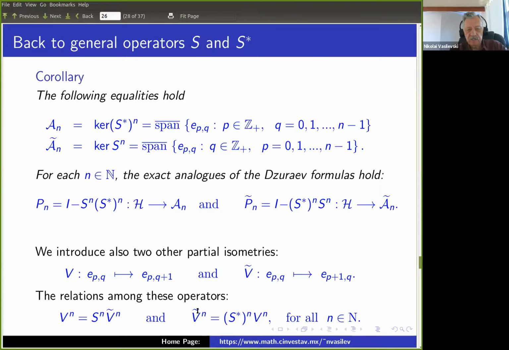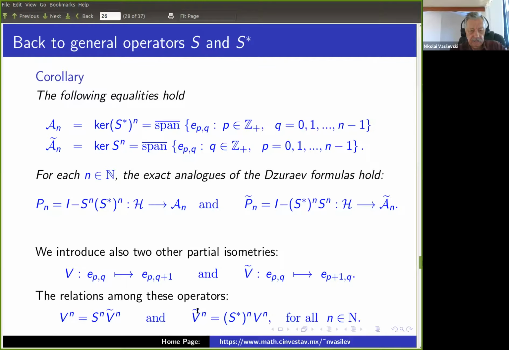And all the time we have the exact analogue of the Dirac formula. But in this case, this is not anymore the two-dimensional singular integral operator, but the operators S and S star we introduced. We may introduce two other partial isometries, V and V tilde.